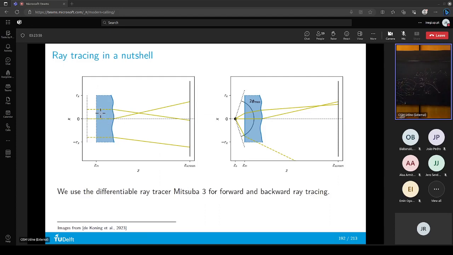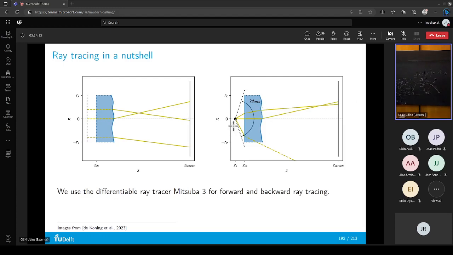This is just a simple illustration. This is a point source, so light is coming from a point. Here the refraction index changes from air to lens, so there is some change in the ray, and then going through the front or rear lens, another change, and then it would end up there.